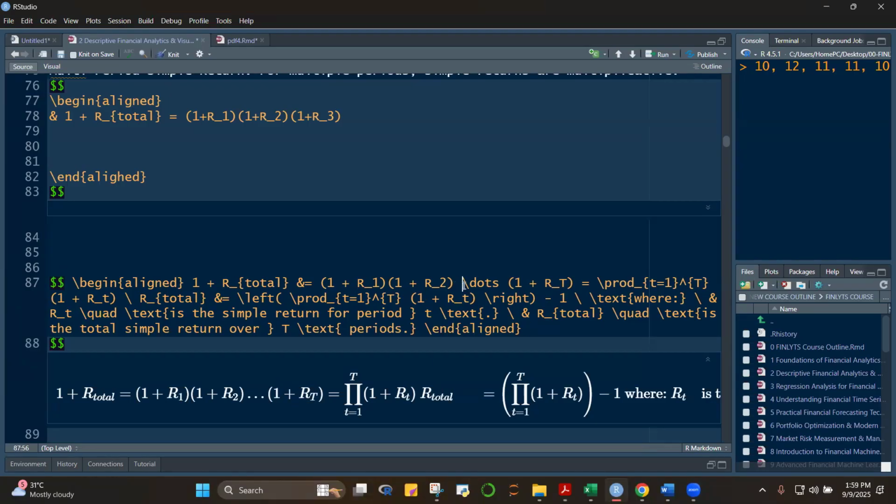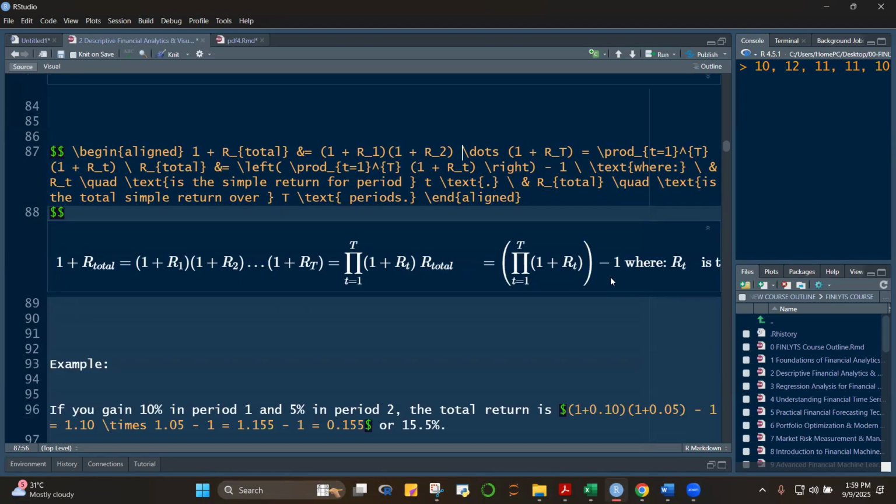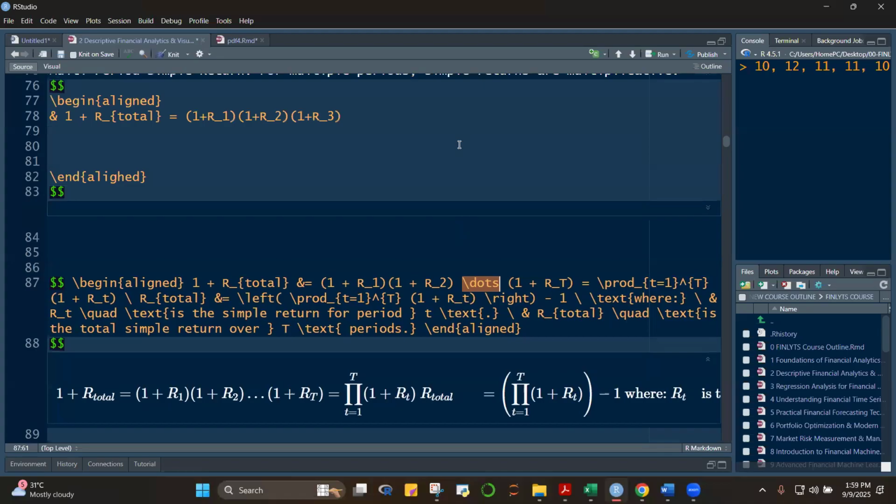This one, class. Slash dots. Those will be 3 dots. And then until 1 plus r underscore t, capital T.